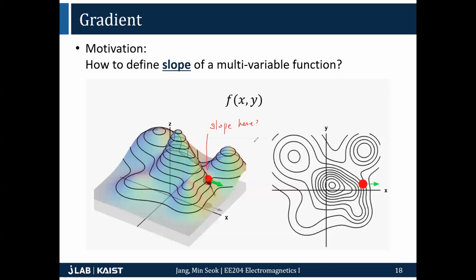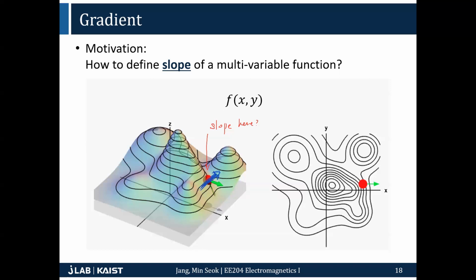It's a kind of difficult question, or I would say an ill-defined question, because slope can only be determined when you assign a direction first, right? For instance, in this case, if you assign the direction like this, then the slope is 0, right?